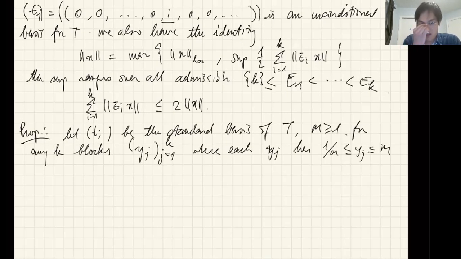So it's a finite semi-normalized sequence of blocks. So each yj is equal to the sum from i equals nj plus 1 to n sub j plus 1 of ai ti.